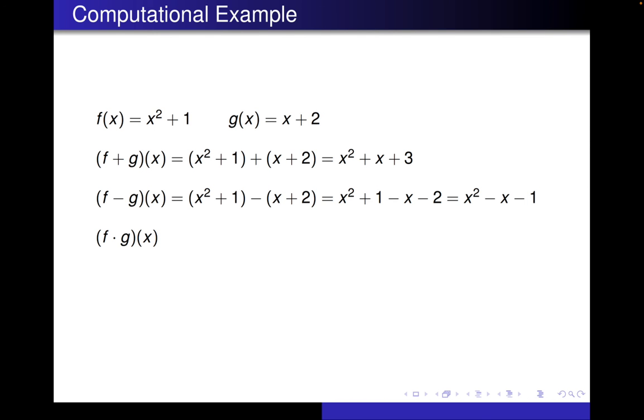If I want to do f times g of x, what I do is I plug x into f and g and multiply them together. I could leave it in this form if I wanted to, but if you wanted to multiply it out, that's what you'd get. And similarly with the function f over g, if the input is x, the output is going to be x squared plus 1 over x plus 2, just dividing the outputs of f and g.